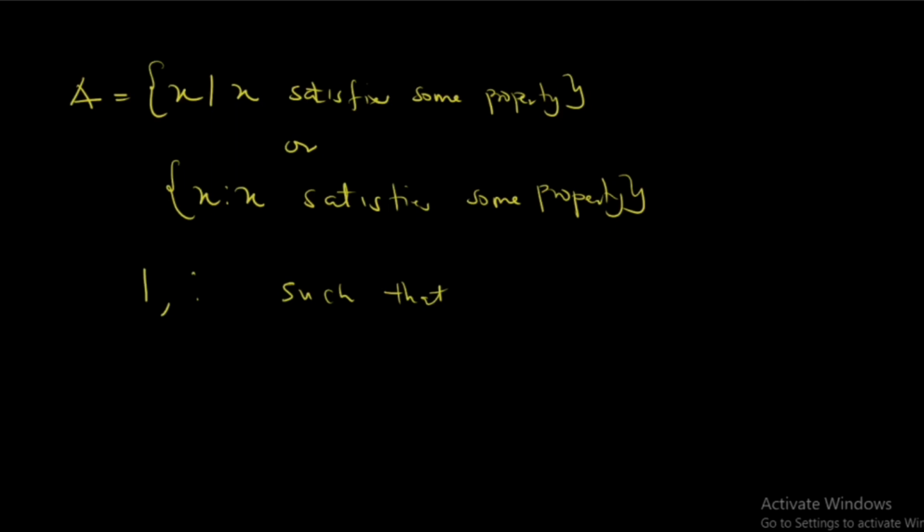Let's look at example 2. Here are some examples of sets defined by stating the property of the element. The first one we're going to talk about is if the set C is defined as this, then C will be this.